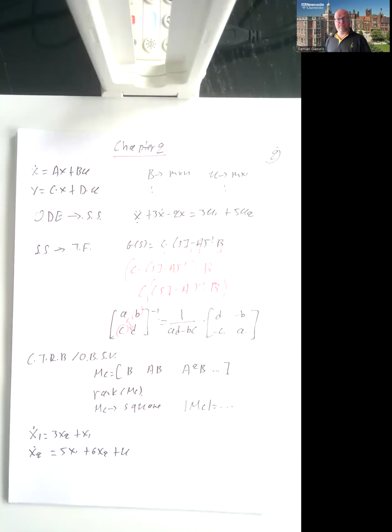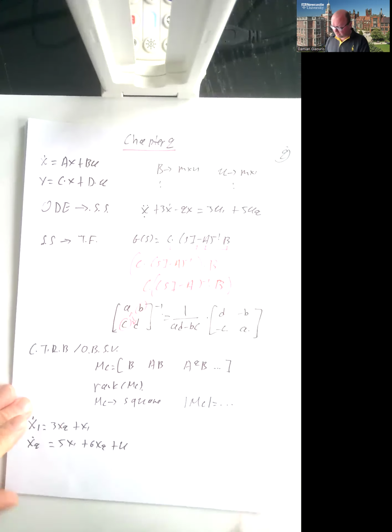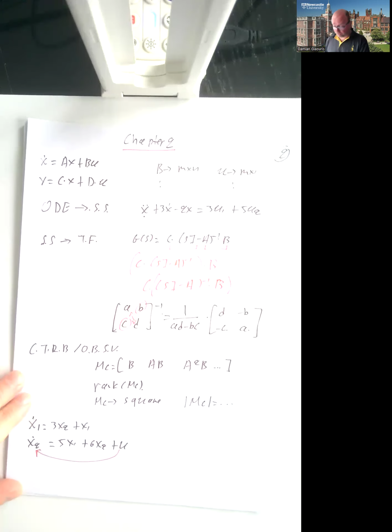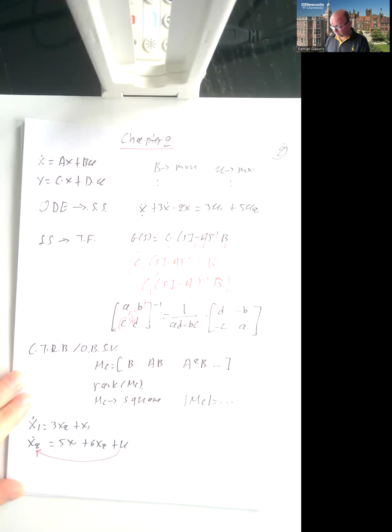In order to be controllable, the signal u must be able to influence both ODEs. We can see here that directly u can influence x2 dot, so it can influence the response of x2. Someone may say that since u does not appear here, the ODE for x1 is uncontrollable, but this is wrong because effectively you can indirectly influence x1 dot via x2. So this system is controllable.